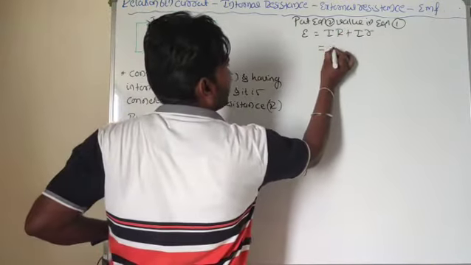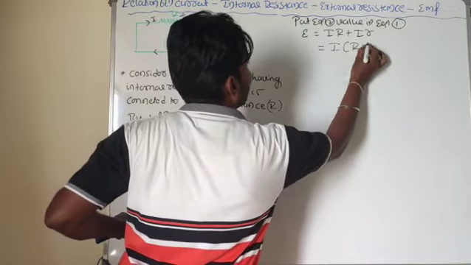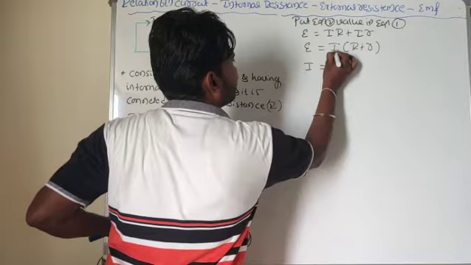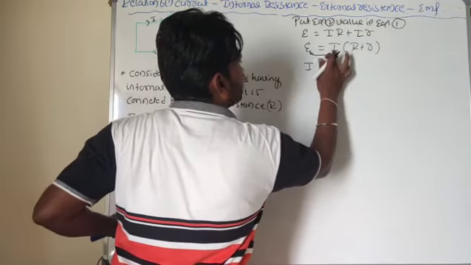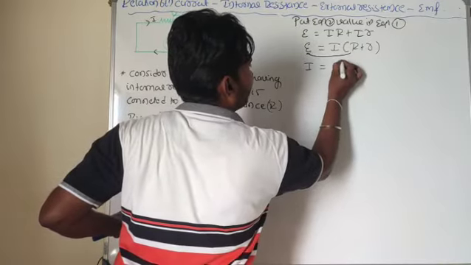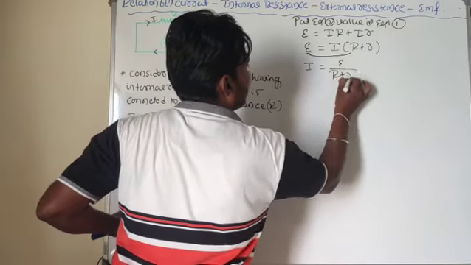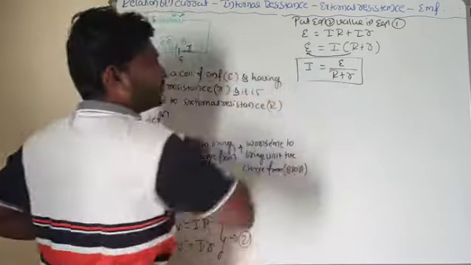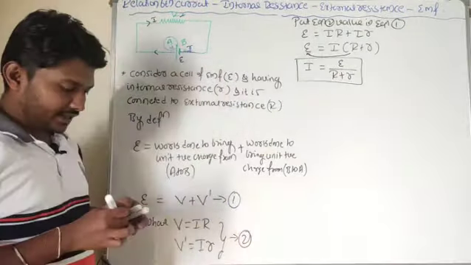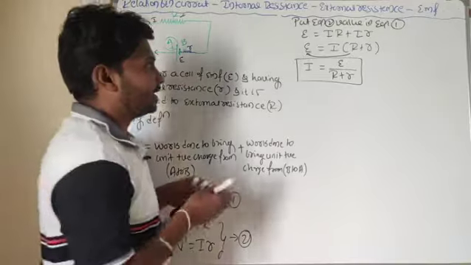Shall I take I as common? I times R plus r is equal to E. I can rearrange, so I is equal to E divided by R plus r. This is the relation between current, EMF, external resistance and internal resistance. I got that expression here.